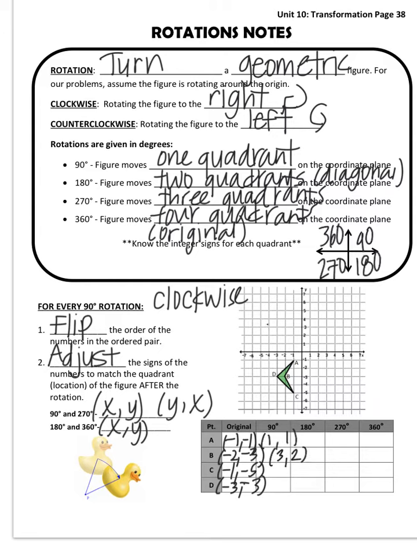So see how I flipped this 2, 3 to 3, 2. 1, 5 will flip to 5, 1. And 3, 3 will stay 3, 3. Alright, so because I'm going to be in quadrant 2, I'll have negative x values, positive y's.